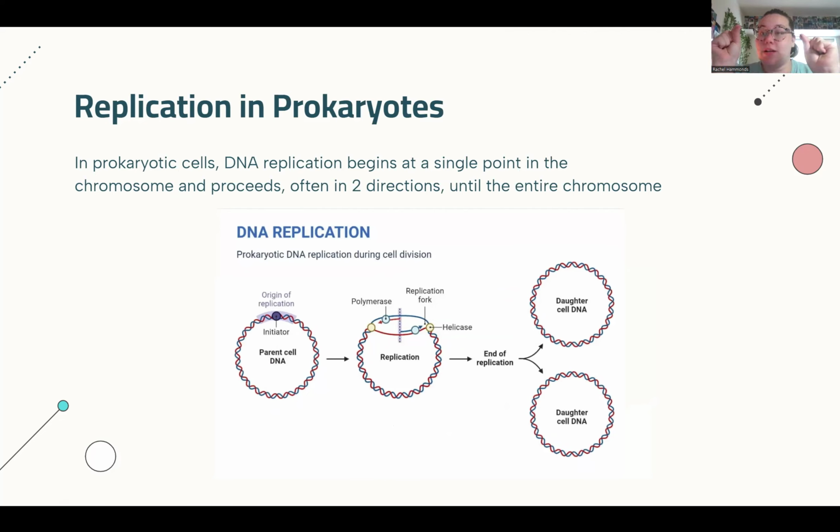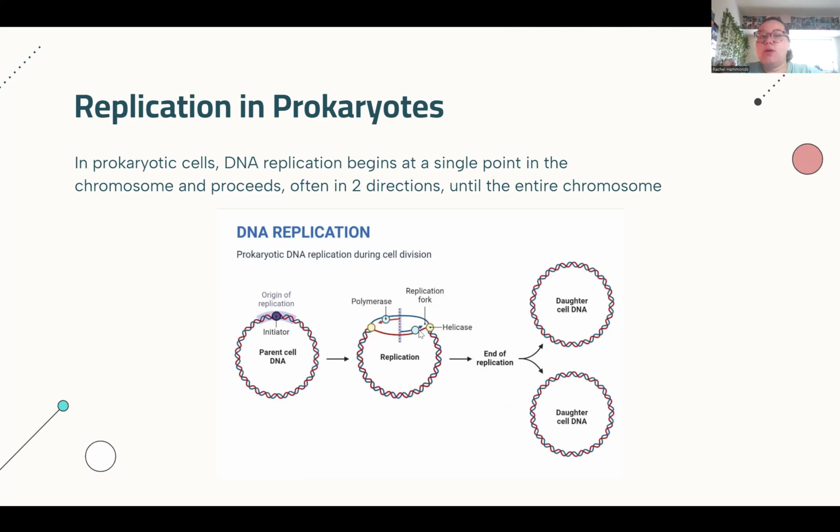Now we're going to talk about replication in prokaryotes. It's a little different because remember that prokaryotes have circular DNA, right? In prokaryotic cells, DNA replication begins at a single point in the chromosome and then proceeds in two directions until the entire chromosome is replicated. It starts here at the initiator. Oftentimes you'll have two helicases unzipping the genome in opposite directions, and you have two different replication forks.